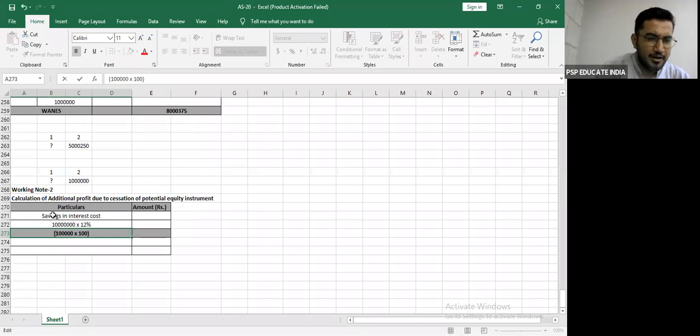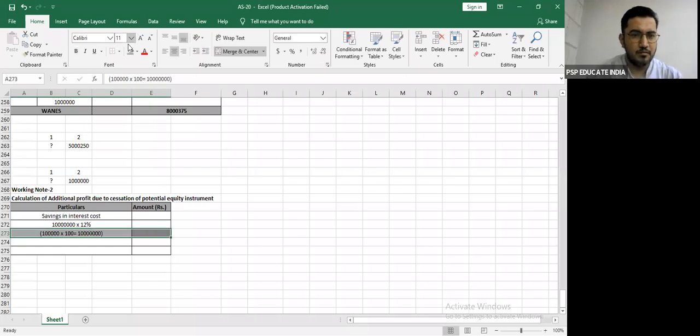How do you get 100 lakhs? We will show that also as a working. How much do you get? 12 lakhs?